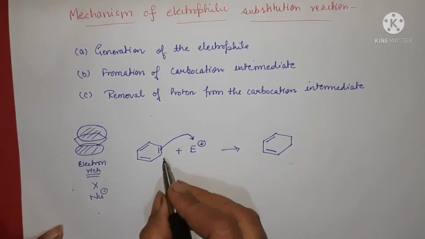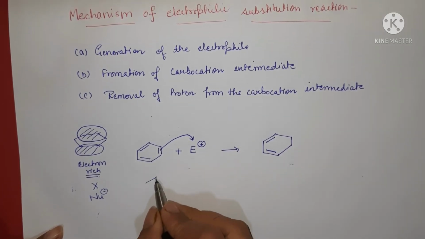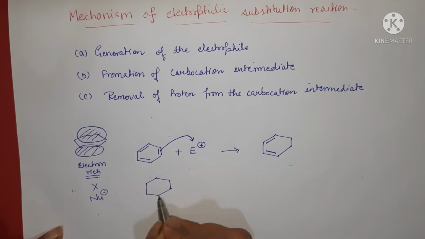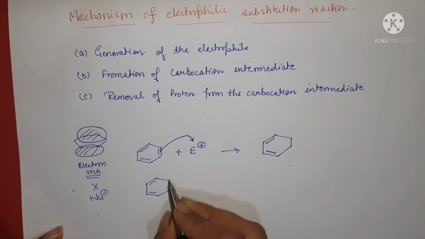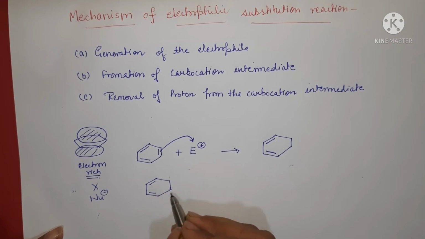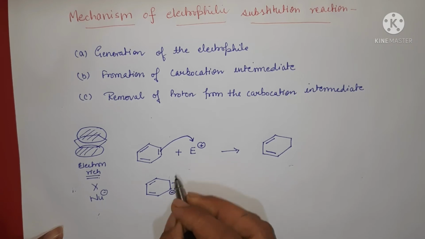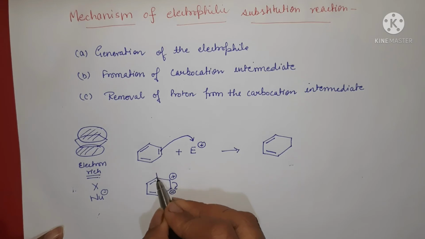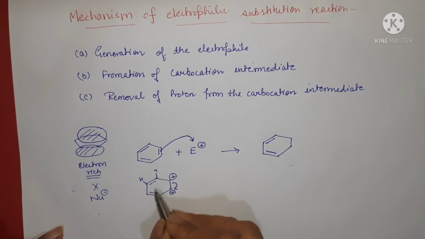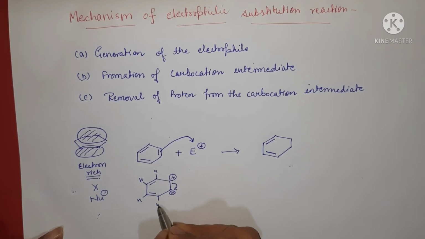Now just see what is happening here: one of the double bonds' electrons is going to react with the electrophile. So let's say there is a shifting of this pi electrons to one of the carbons. One carbon gets a negative charge, one carbon gets a positive charge, and you know every carbon has a hydrogen in it.